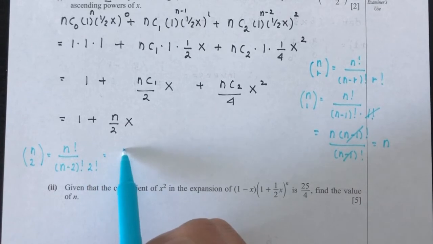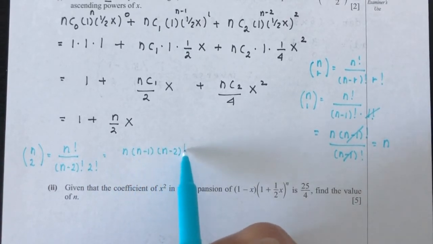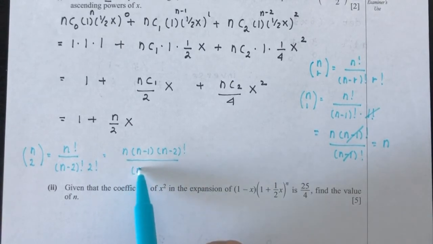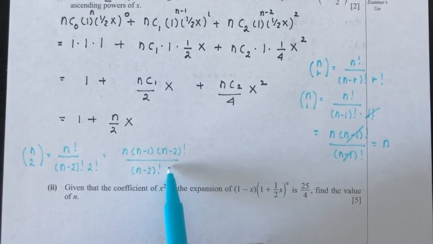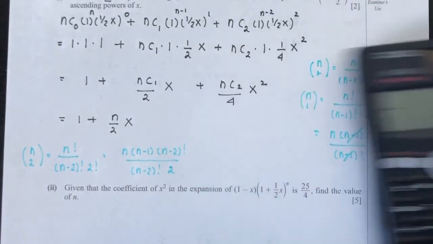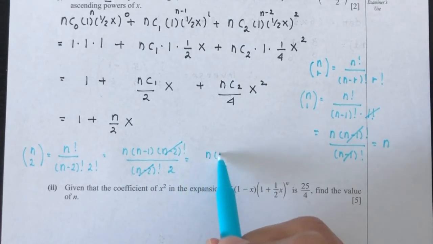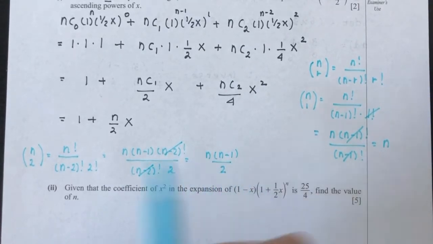That will be n times n minus 1 times n minus 2 factorial over n minus 2 factorial times 2. So 2 factorial is 2, right? Now this will cancel out, and this will be n minus 1 over 2.